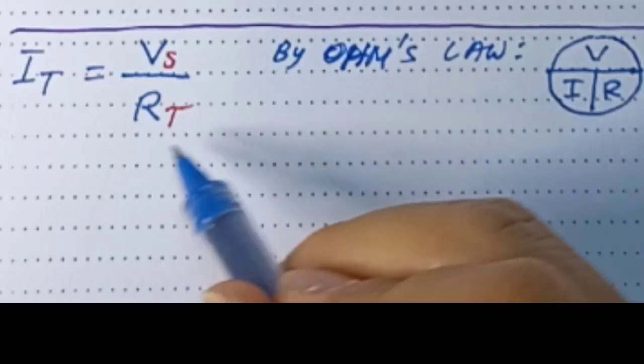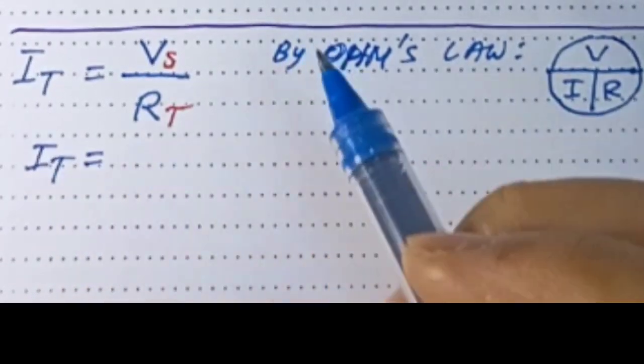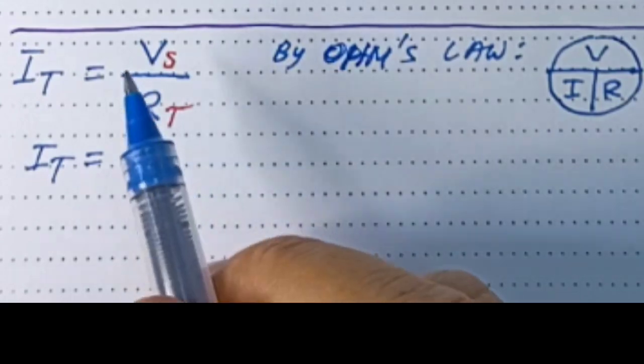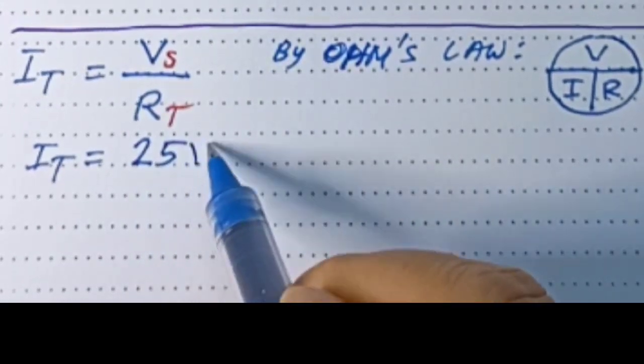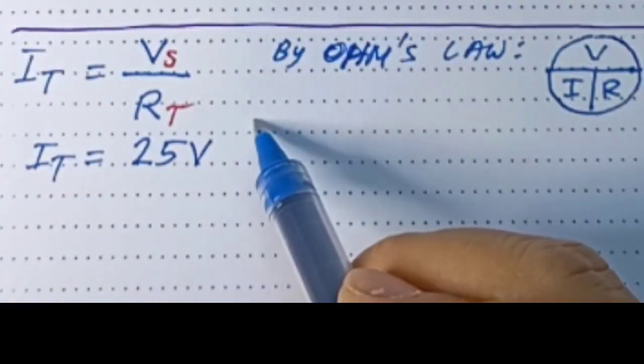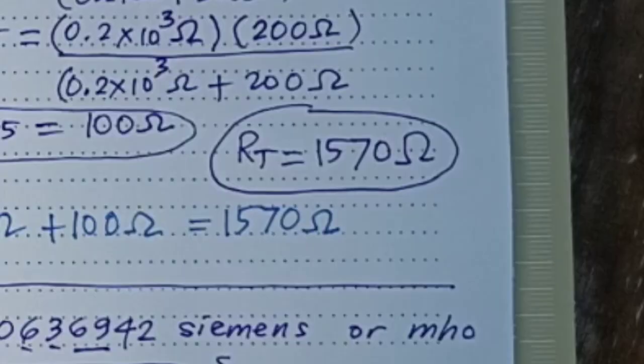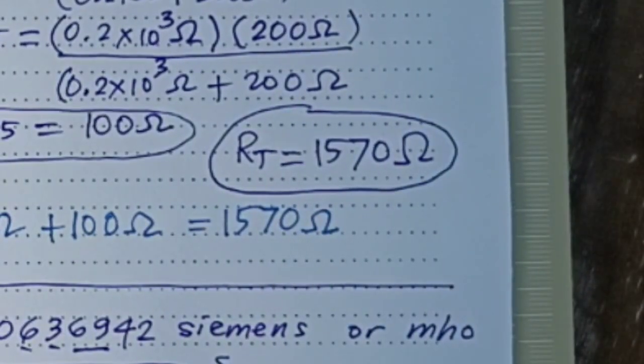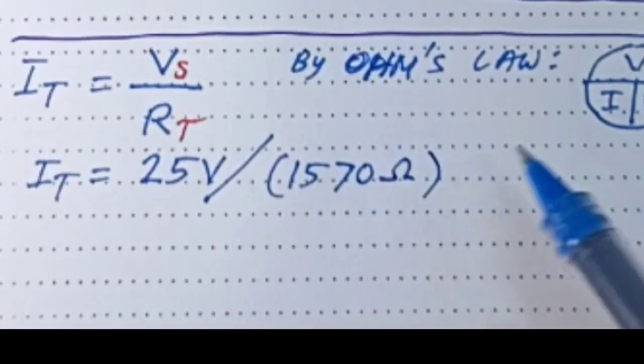So our Vs is 25 volts over the R total, which is 1570 ohms.